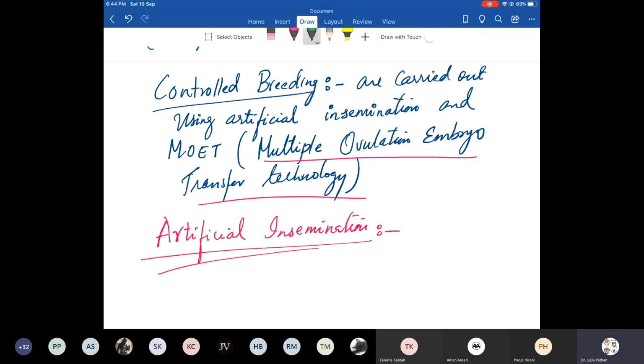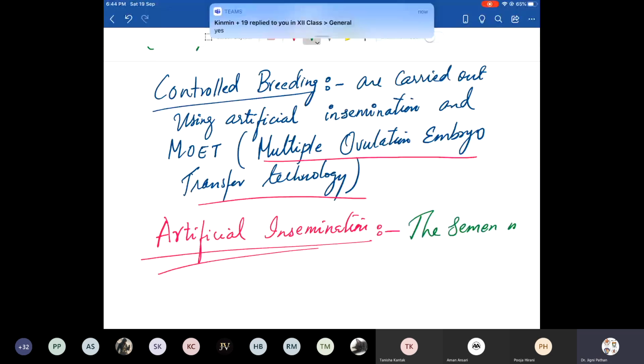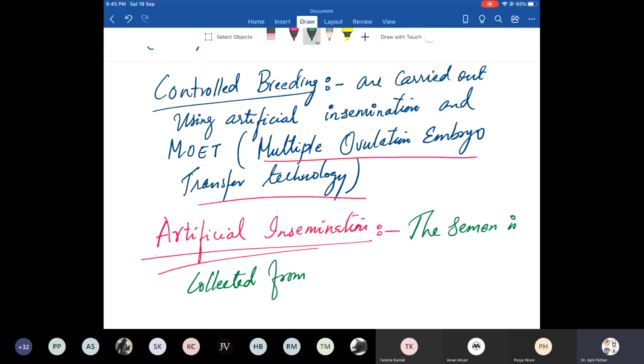Yes, the word insemination we studied in human reproduction, but artificial insemination we studied in reproductive health.